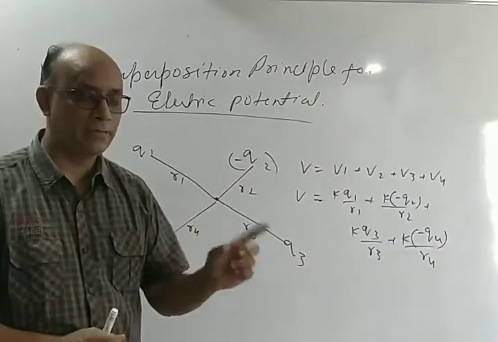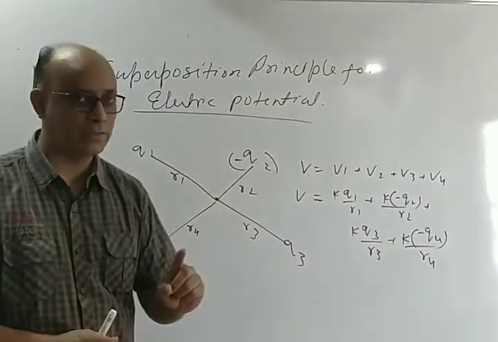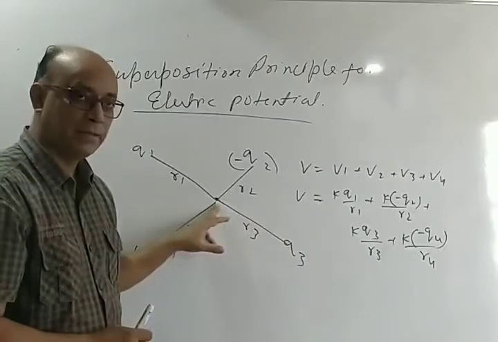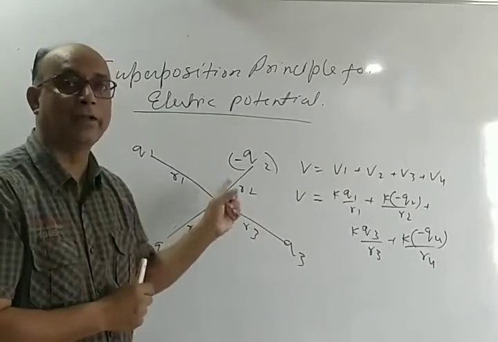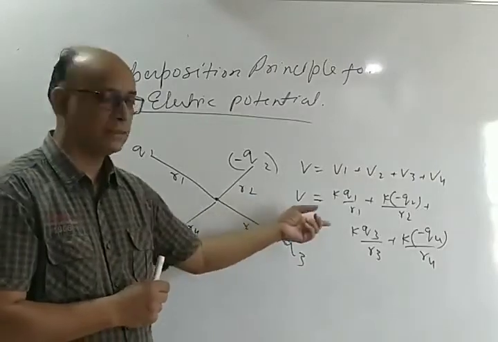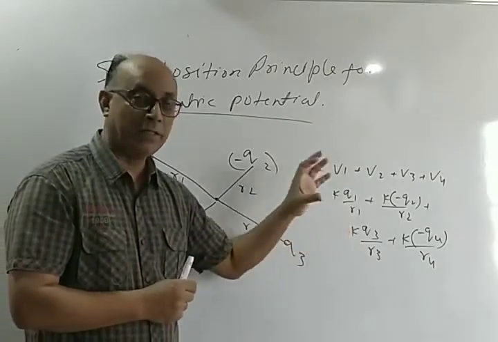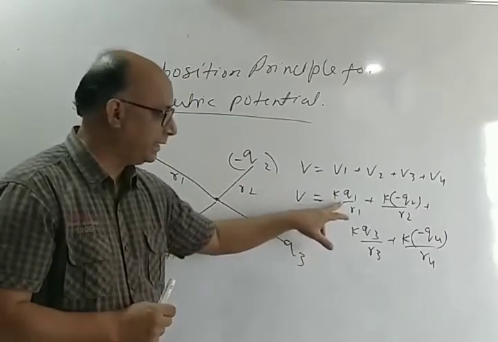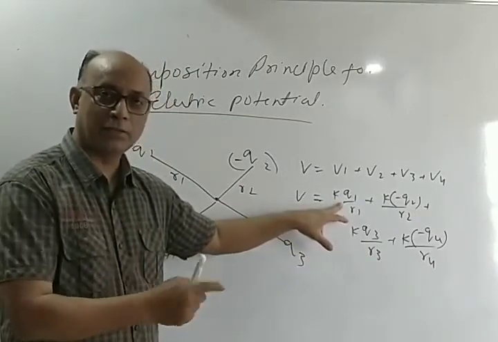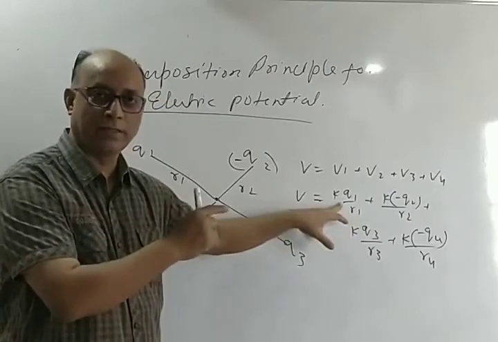In case of electric field and electrostatic force, the superposition principle says that the net force or net electric field is the vector sum. Here it is the algebraic sum. And when you take the algebraic sum, while doing the calculations, take negative charges as negative, positive charges as positive.